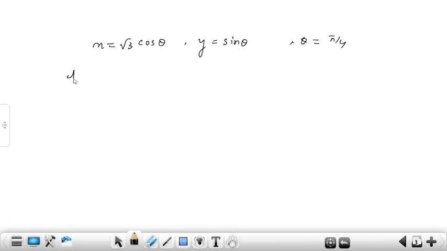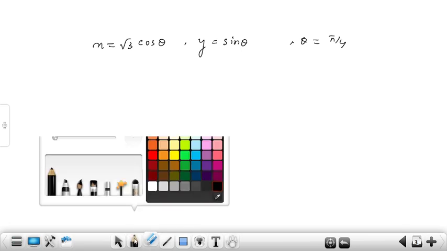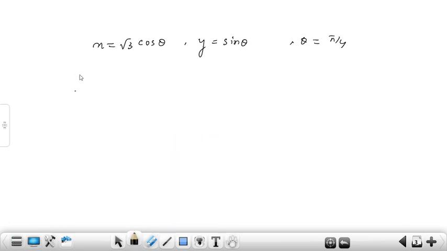So we know dy by dx is equal to dy by d theta into d theta by dx, which is written as dy by d theta into 1 by dx by d theta.